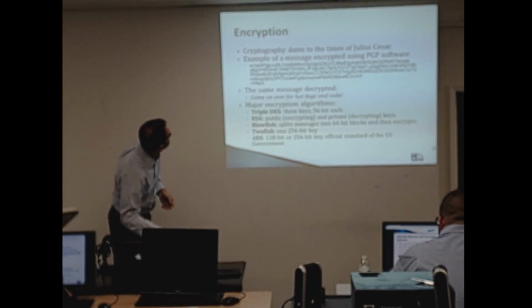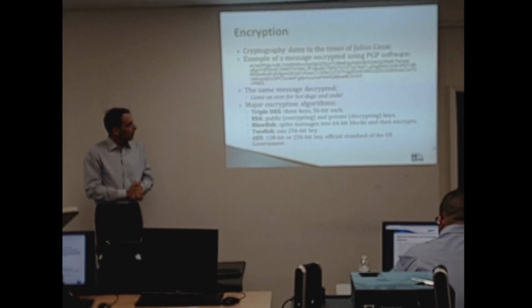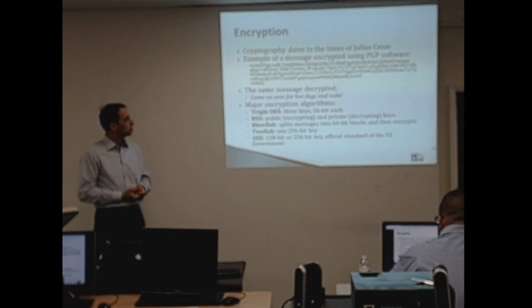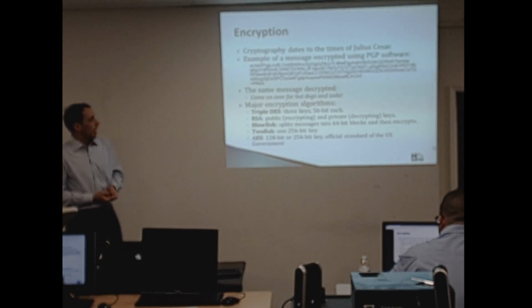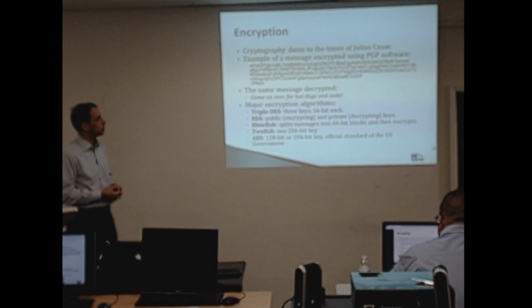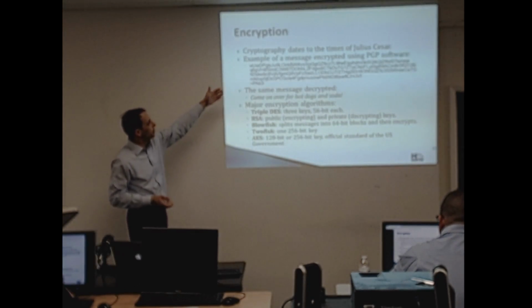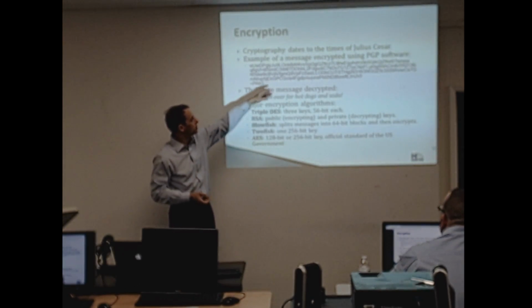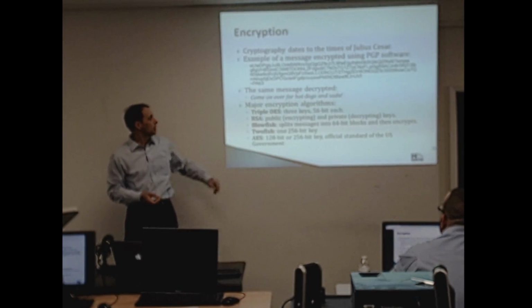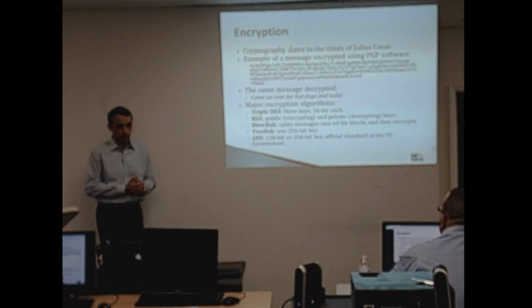Okay. Encryption. Of course, cryptography is a very ancient art, and there are multiple encryption algorithms in use today. Here's, for example, an example from Pretty Good Privacy software. This is a scrambled message, which essentially means come on over for hot dogs and soda.